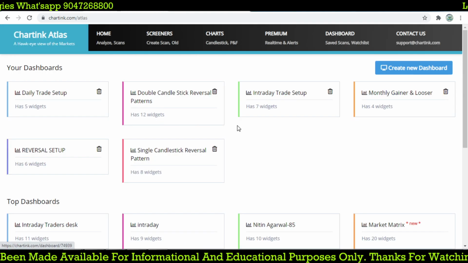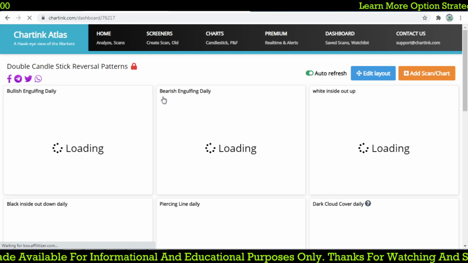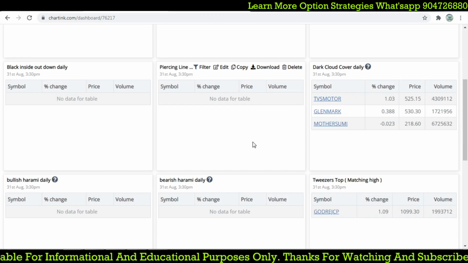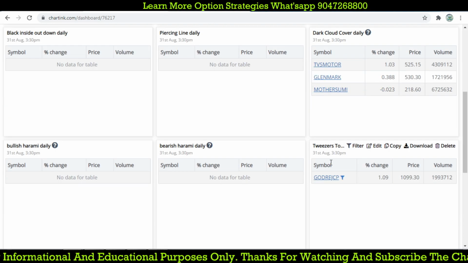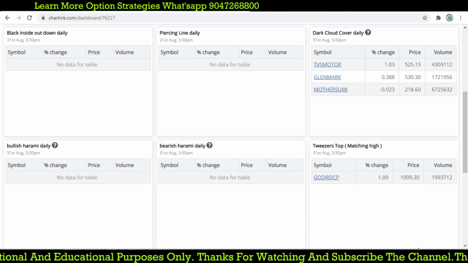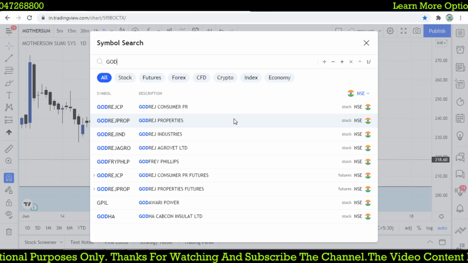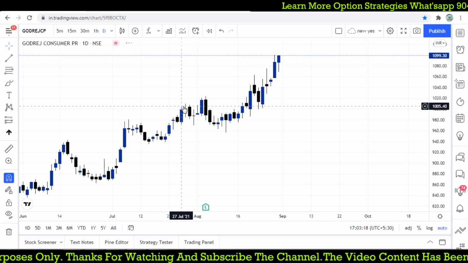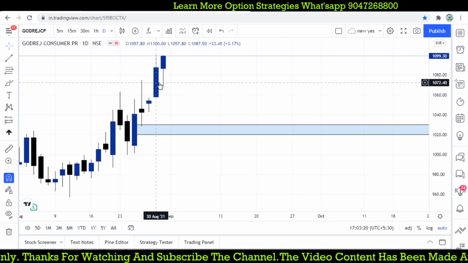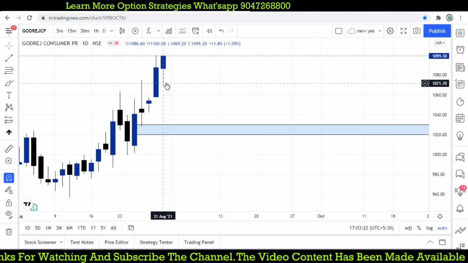Let's go for another double candlestick pattern. We are not using the double candlestick pattern on intraday, so today I will go for the dark cloud. We see the top which forms on Godrej CP. Let's go for Godrej CP. What will happen on that? Godrej Consumer Products, 1100.